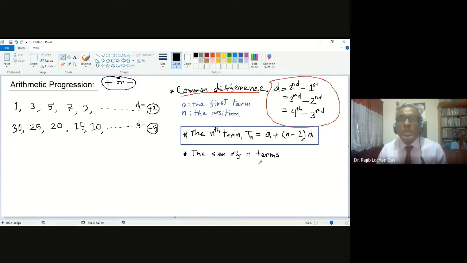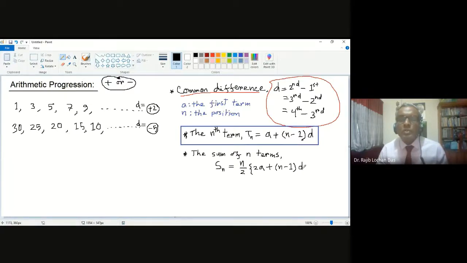If you take n equal to 2, that means sum of 2 terms. This is written as Sn, S for sum of n. So the formula is n by 2, then in the bracket 2a, 2a means 2 into a, plus in the bracket n minus 1 into d.